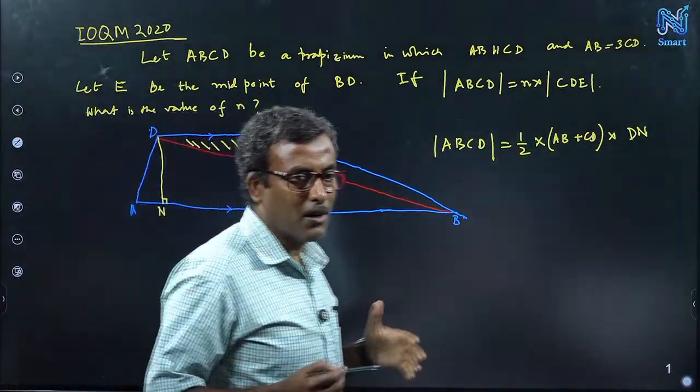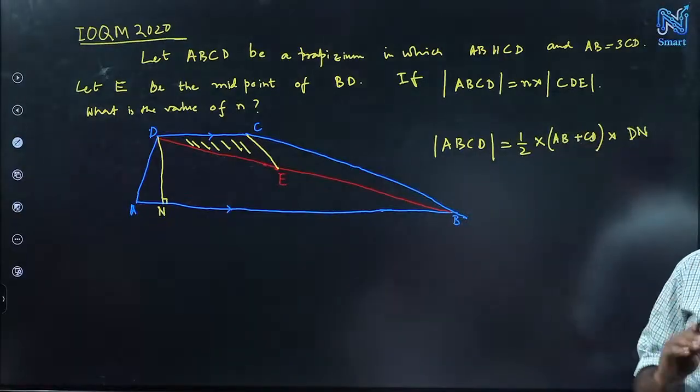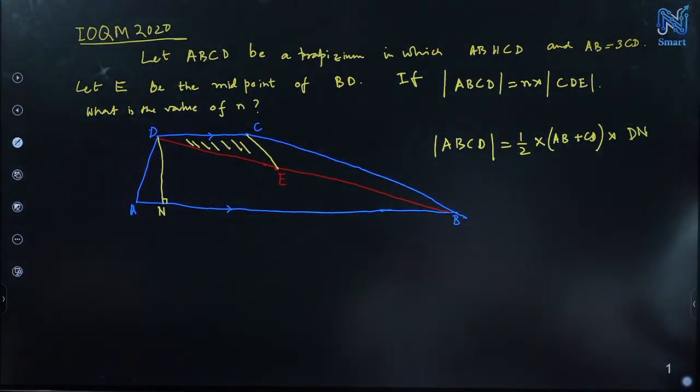What are the different formulas for ratios of areas of triangles?